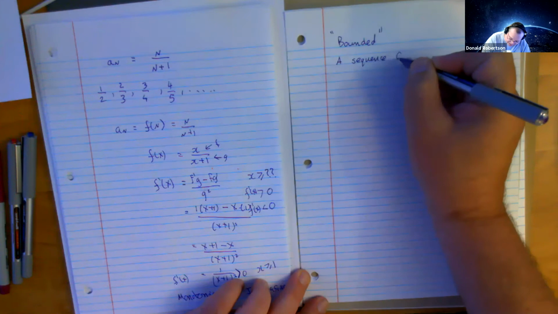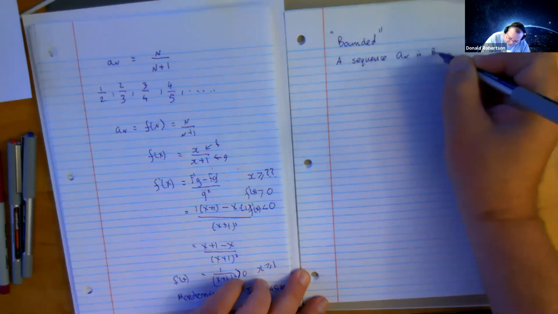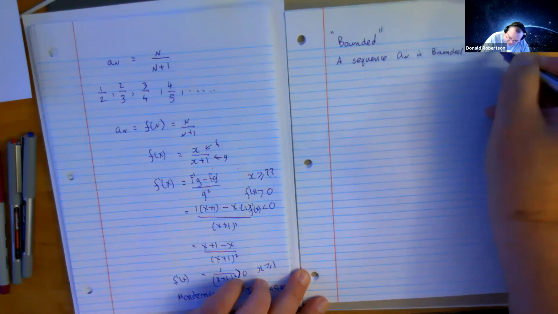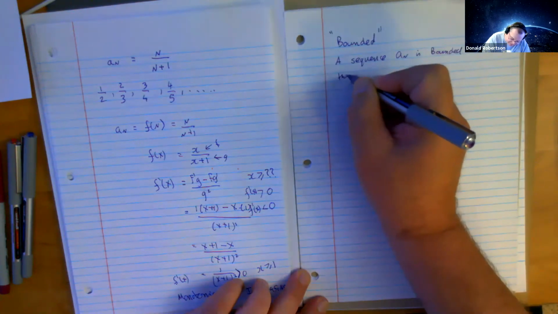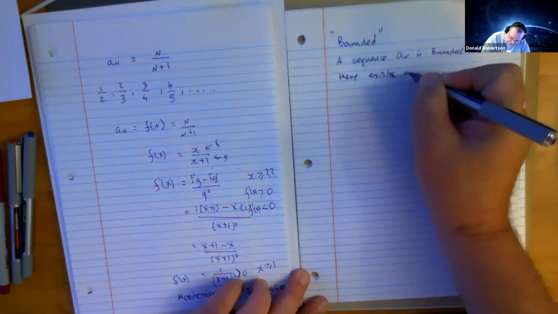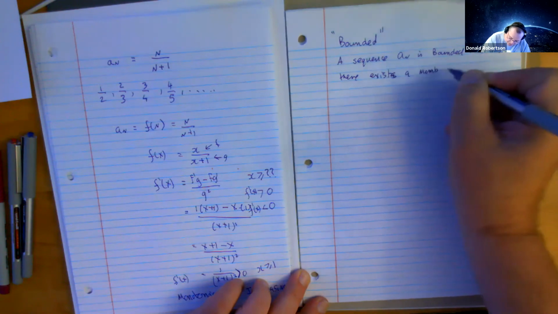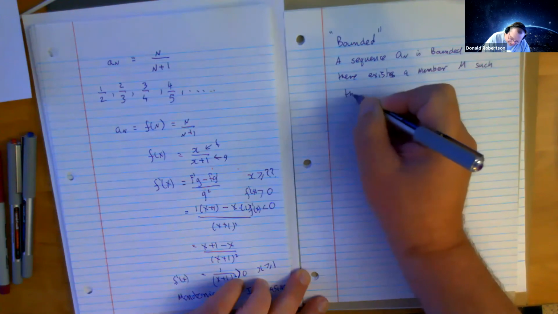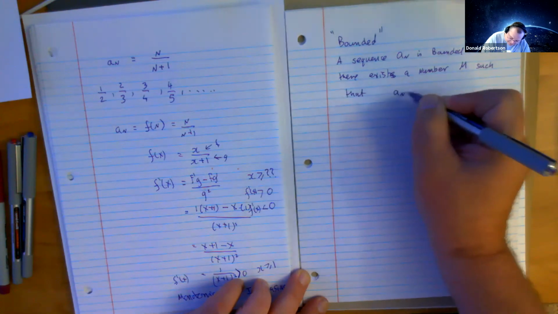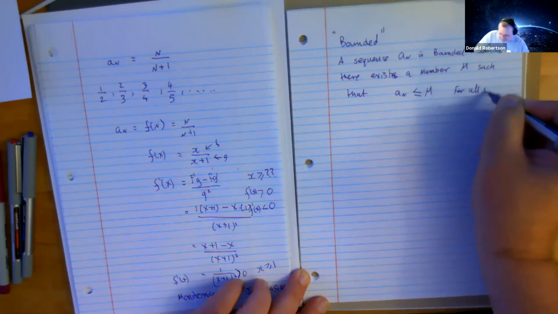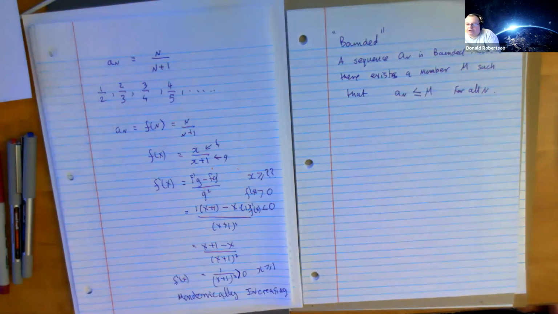A sequence AN is bounded above if there exists a number M, capital M, such that so can you imagine a sequence that never gets bigger than 4?